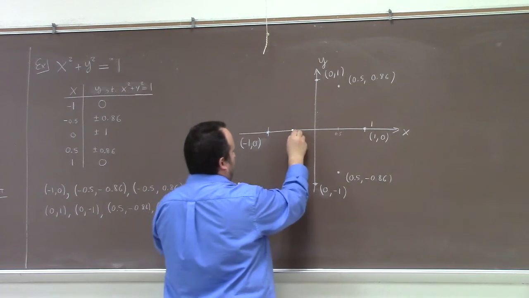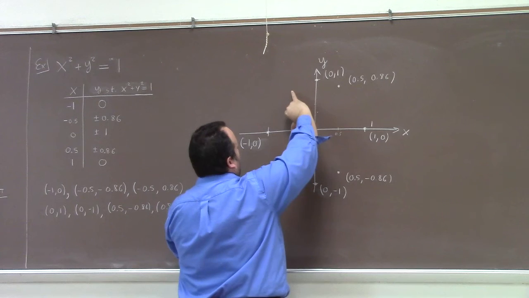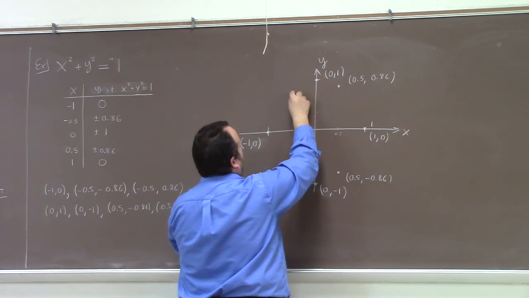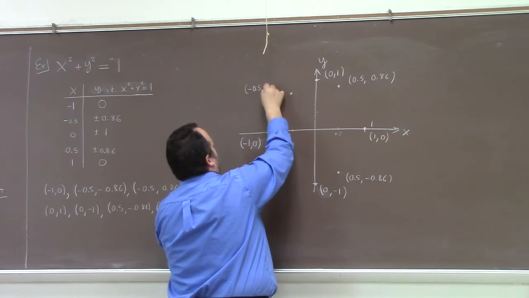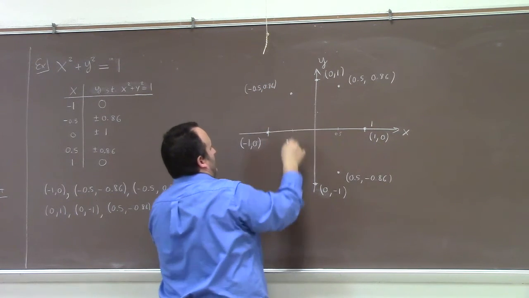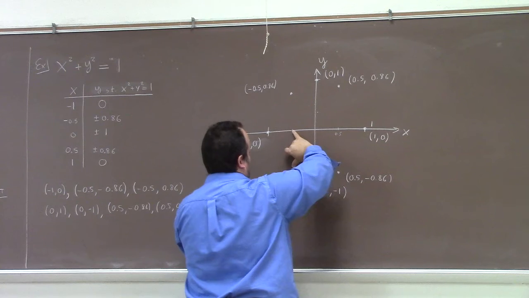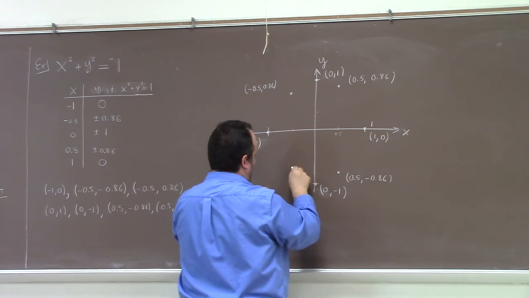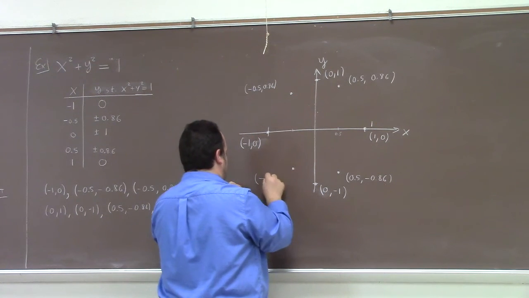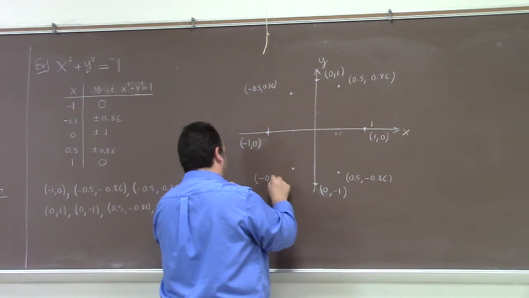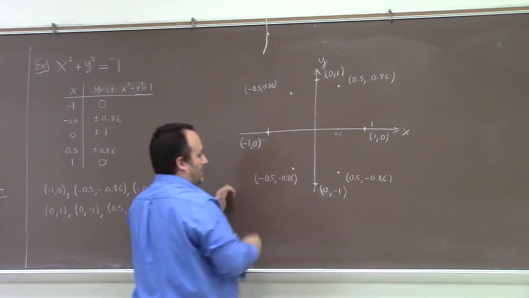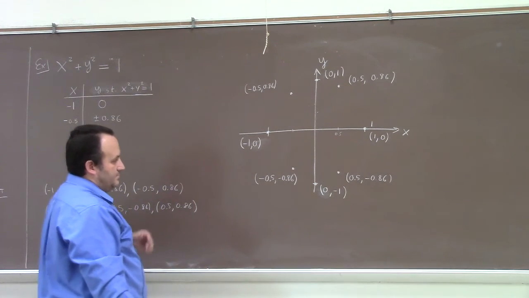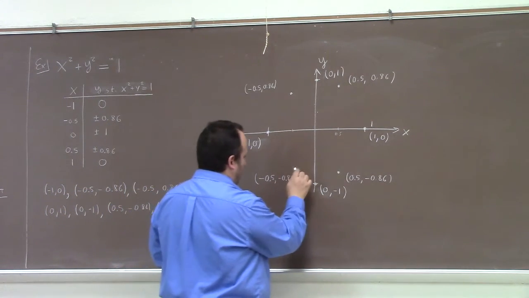And the same song and dance over here. Minus 0.5, 0.86. And then on the other side, minus 0.5, minus 0.86. And I think that should have been a little bit lower.